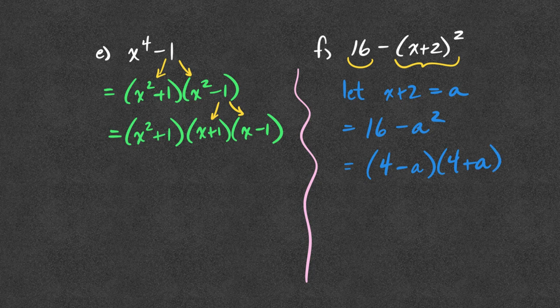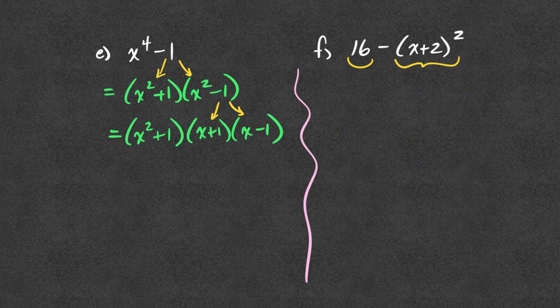Hopefully we can see how that factored. The problem was I didn't give you an expression with a's in it. I gave you an expression with x plus 2's in it. So now we would have to re-substitute back in. I don't want you to have to use substitution. I would hope that if I get rid of that blue, we could factor that efficiently at the very beginning.